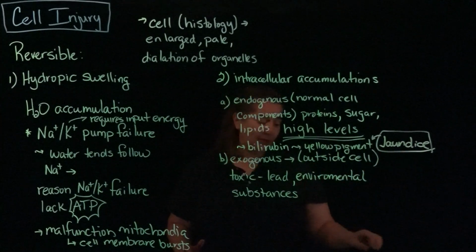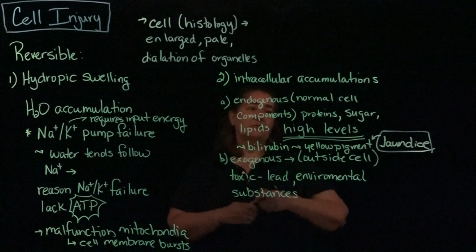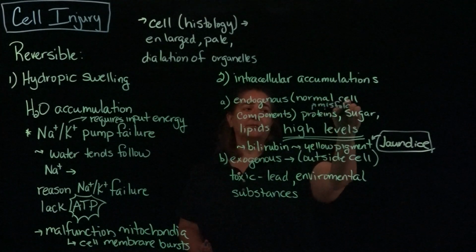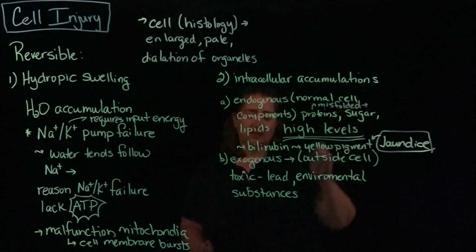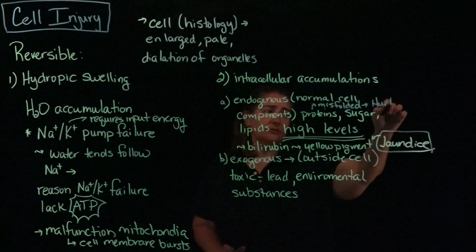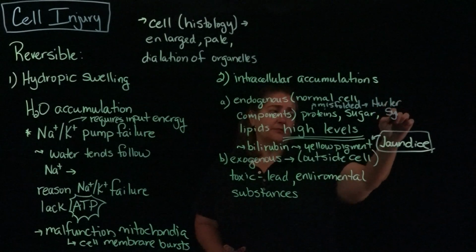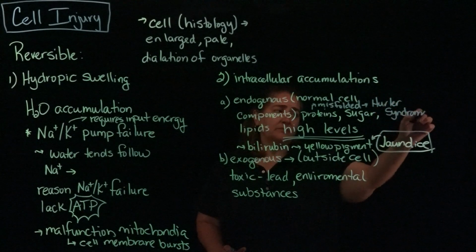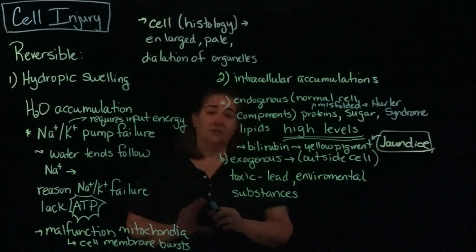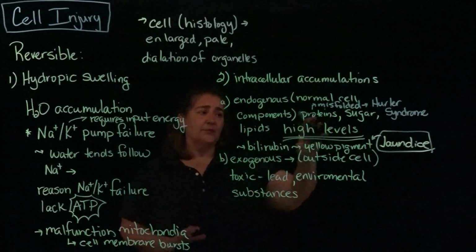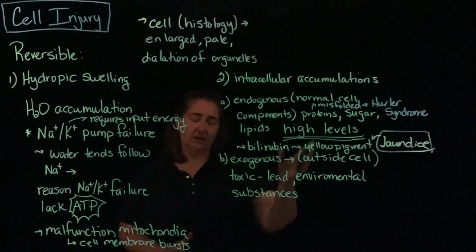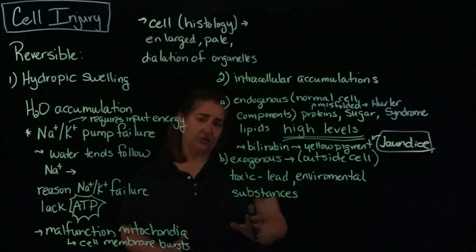You can also have proteins, maybe that are misfolded. And I think the example I've got in your notes is Hurler syndrome. Okay? I tend to give you examples. These are not exhaustive examples, but I just want you to have an idea of how things can accumulate into the cell and result in pathologies.